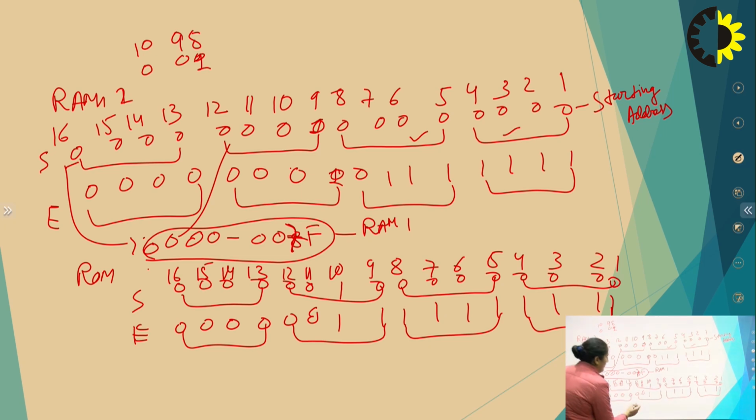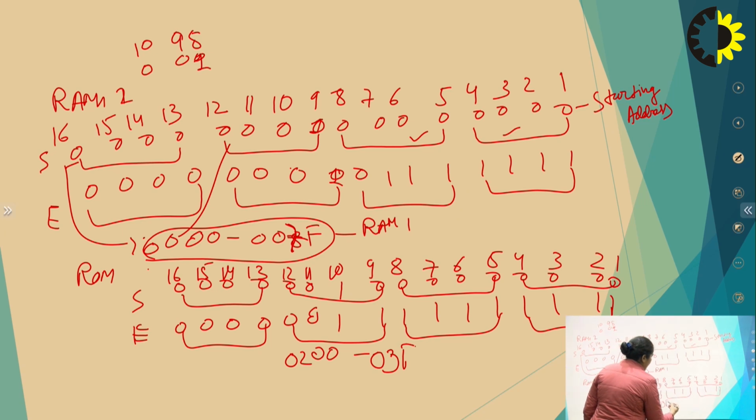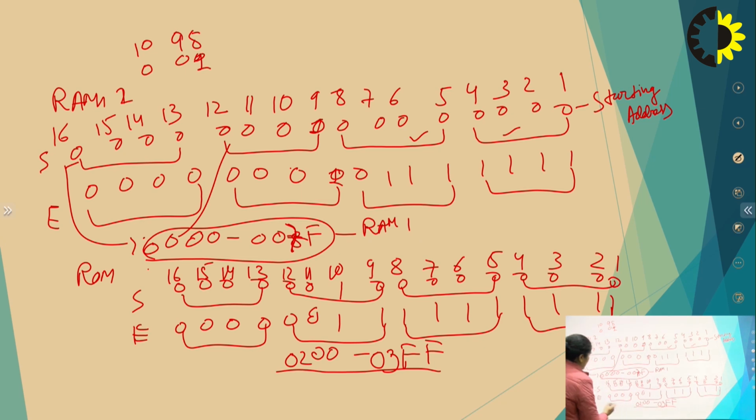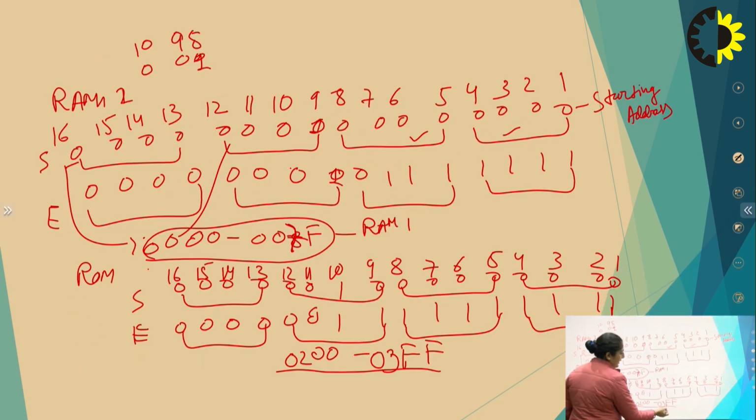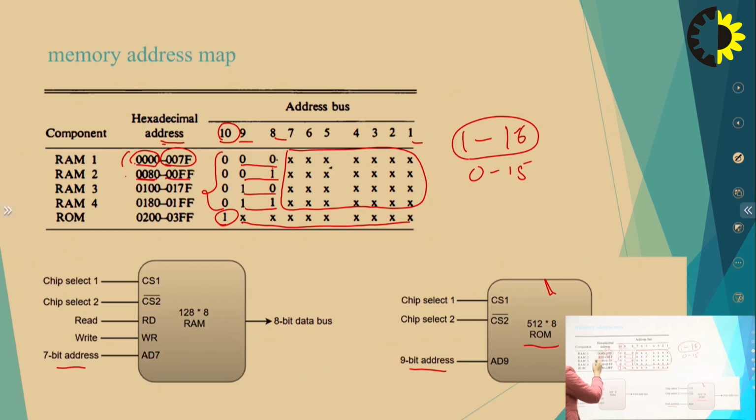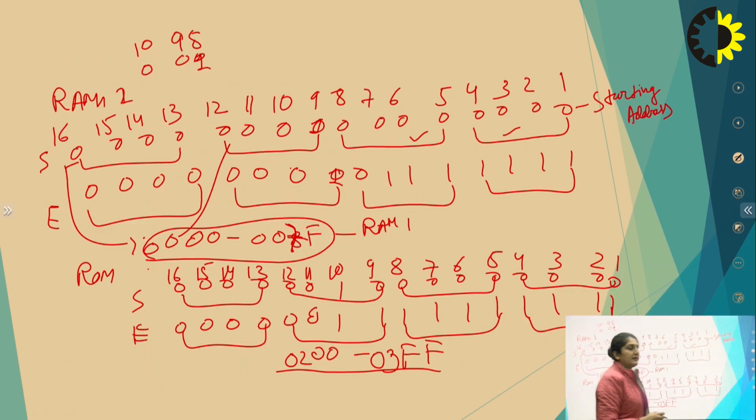We get 0, 2, 0 and 0. And the ending address 0, 2, 0, 3, F, F. This is the ROM address: 020003FF. Get it?